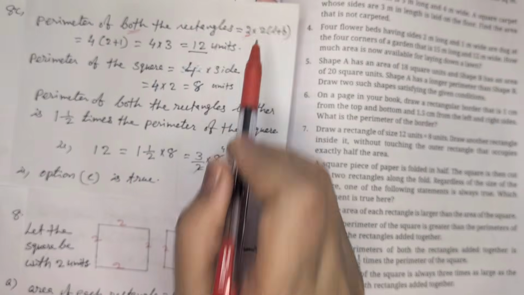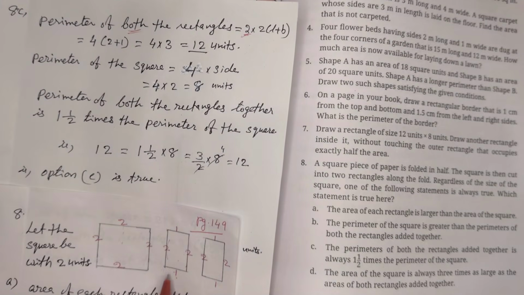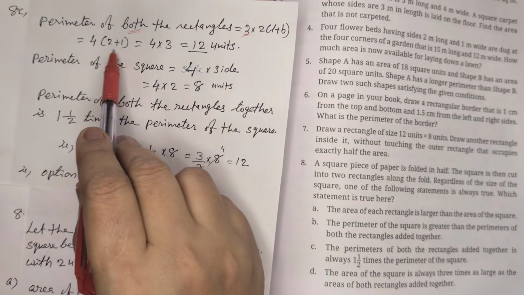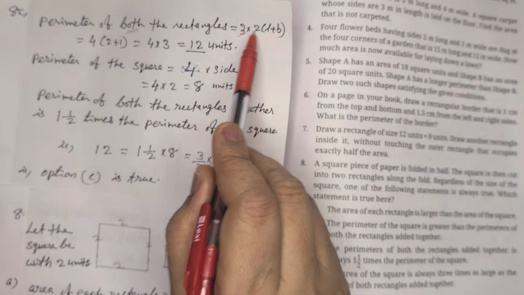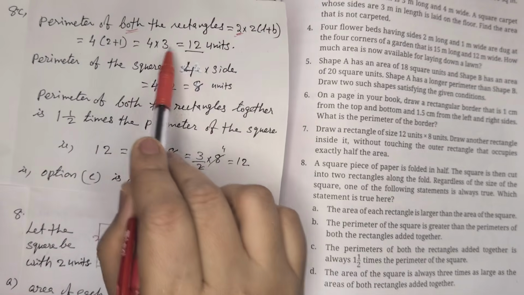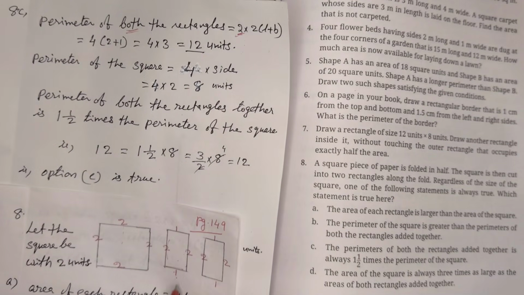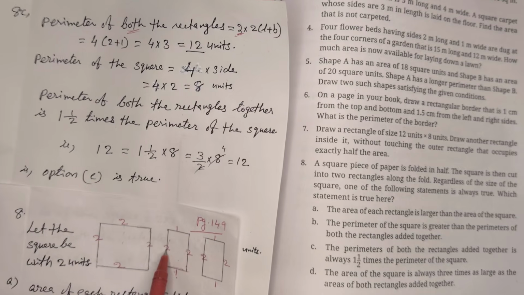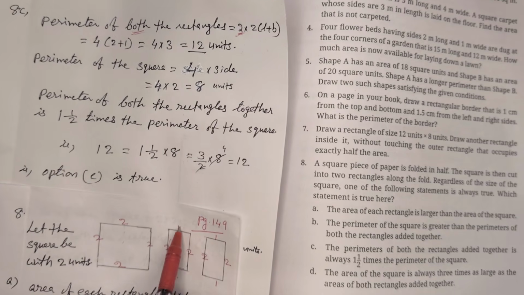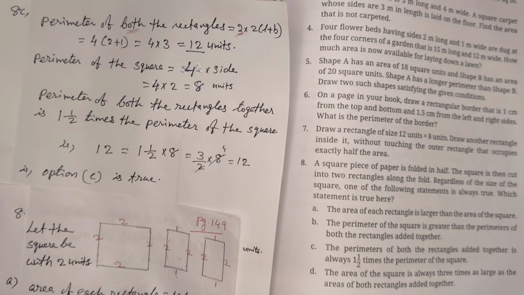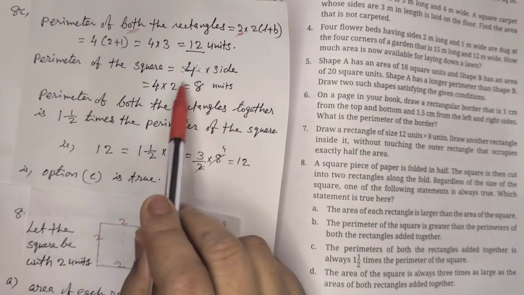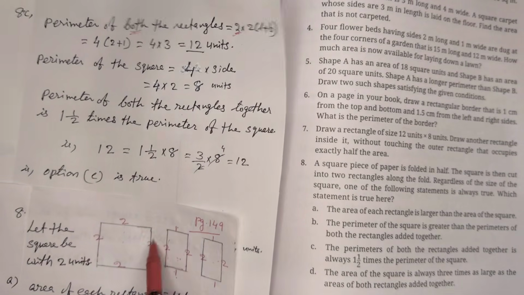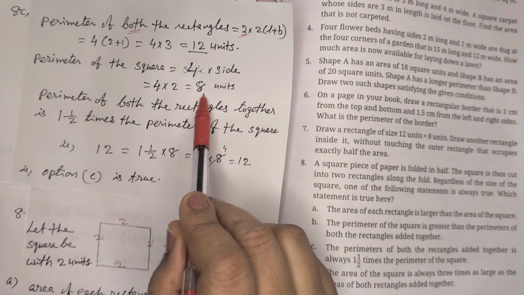The length and breadth are 2 and 1, so 2 plus 1, 3, and 2 into 2 will come 4, so 4 into 3, 12 units. Otherwise, you can calculate it as 2 plus 1 plus 2 plus 1, and double it, so 12 units.